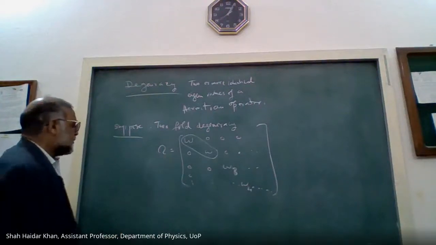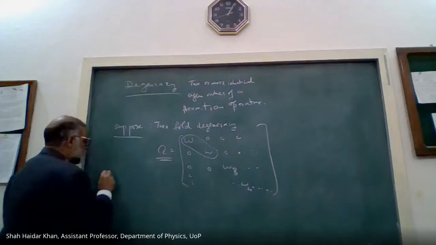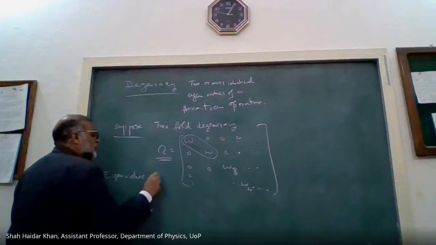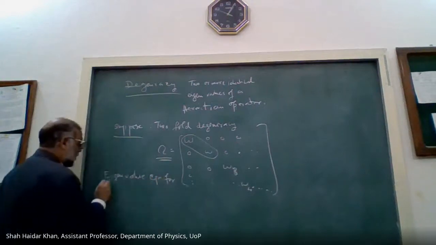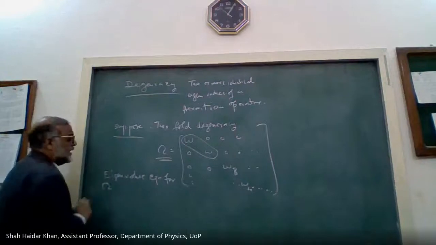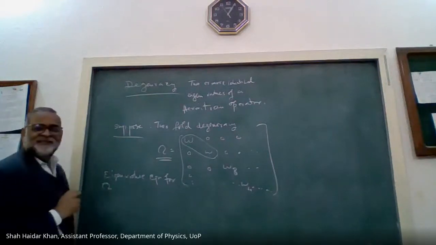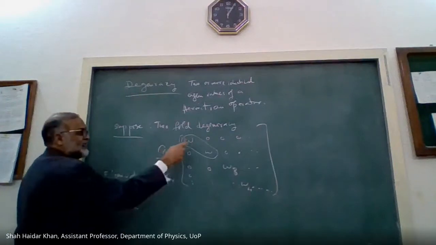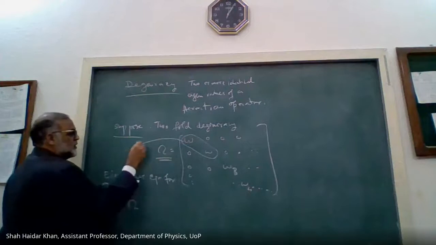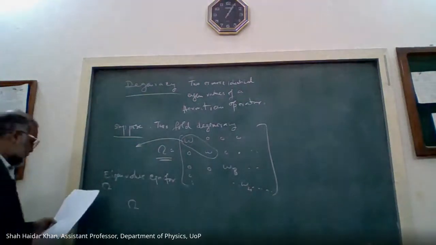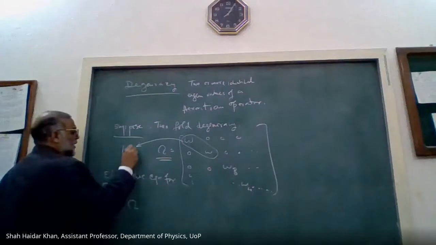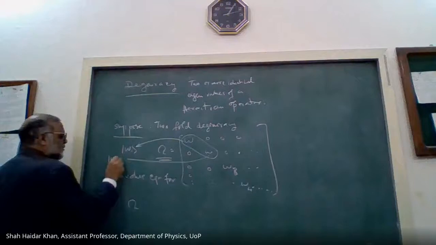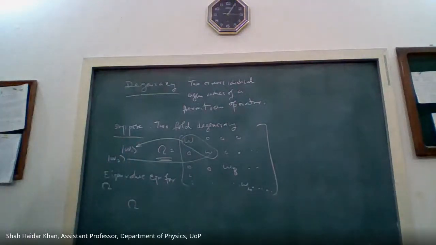So we can write an eigenvalue equation for this operator, omega. Corresponding to this, we have an eigenvector omega 1, suppose, and corresponding to this, we have an eigenvector omega 2.